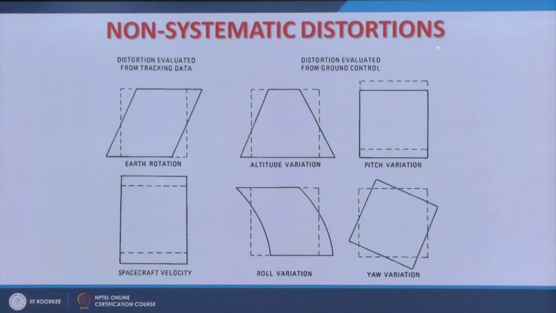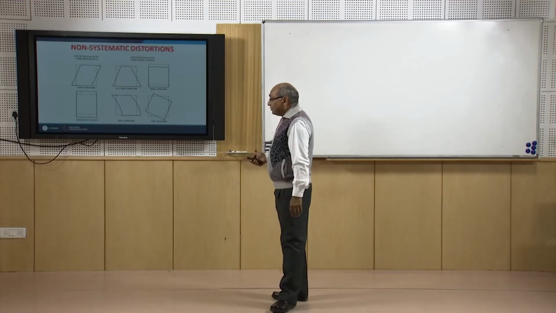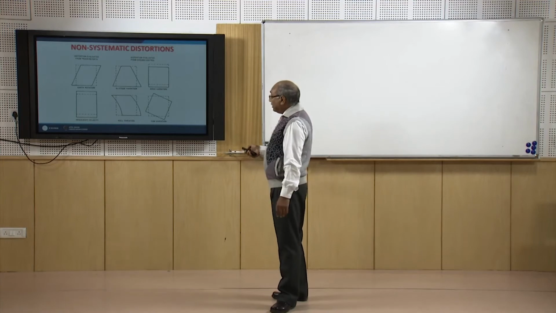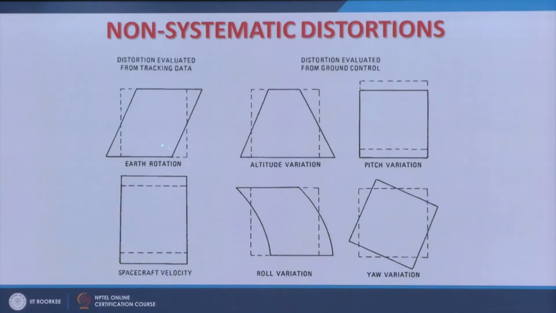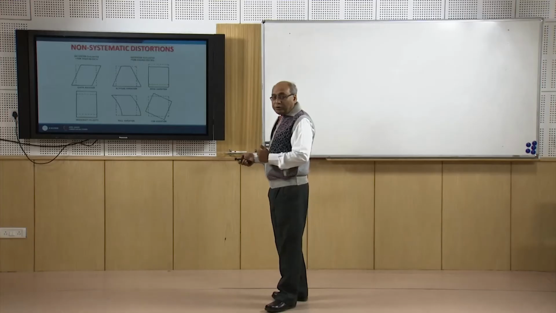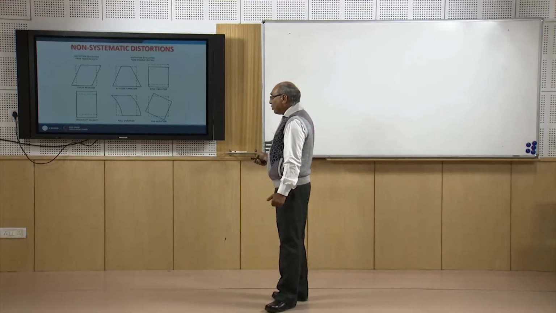Then the non-systematic errors, which are difficult to predict and which might be there: sudden change in the earth rotation, of course this is a more or less known thing, but also altitude variation of the satellite, pitch variations of the satellite, spacecraft velocity, if suddenly it has changed or slowed down, it may create some problem.